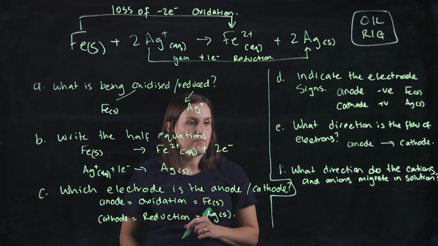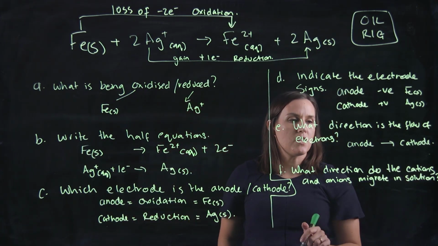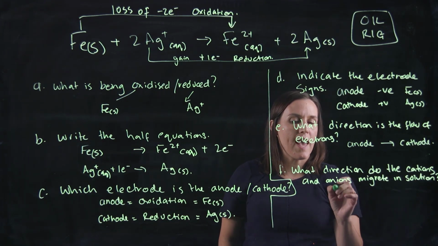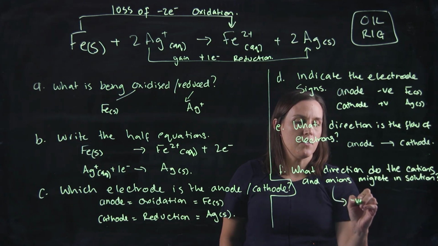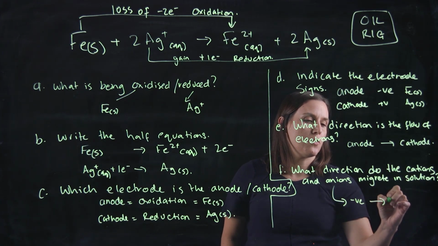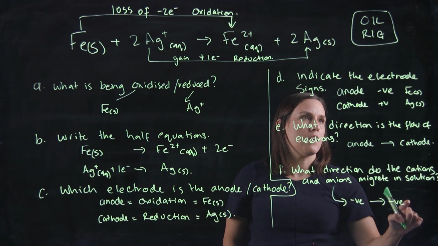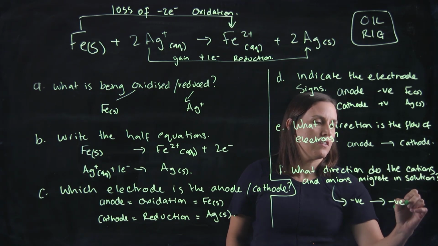Okay. So the last question is, what direction do the cations and anions migrate to? So the anions, which are negative, will migrate towards the negative side, which would be your anode.